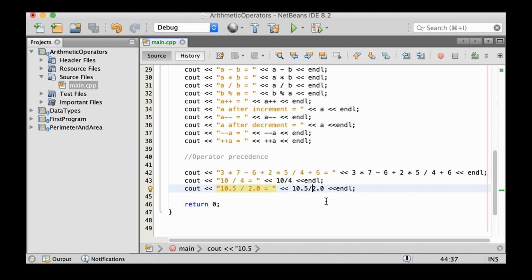Now, if the operator has both types of operands, so that one is an integer and the other is a floating point number, then during calculation, the integer is changed to a floating point number with the decimal part of 0, and the operator is evaluated. The result here will become a floating point number. Let's say that you want to do cout 10.5 plus 2.